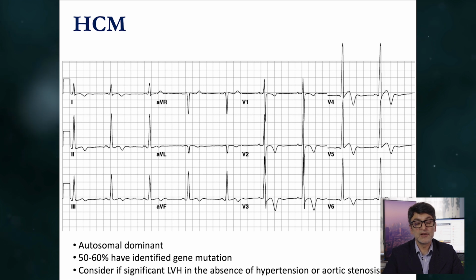So very quickly, in a nutshell, hypertrophic cardiomyopathy is a genetic heart muscle disease that affects 1 in 500 of the population. It's autosomal dominant, so any first-degree relatives from an index case or from a new diagnosis have a 50% chance of having this condition.